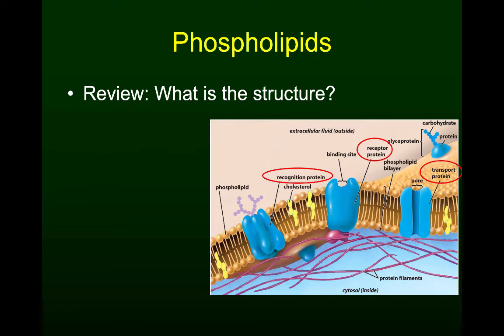So the bulk of the plasma membrane, like we talked about previously, is made up of phospholipids. And if you remember back to our chapter on the biologically important molecules, a phospholipid is made up of a polar part, which is the head, so to speak. If we pick out one of these phospholipids right here, this head is made up of a glycerol molecule and a phosphate group, which is polar. So it's hydrophilic, right?